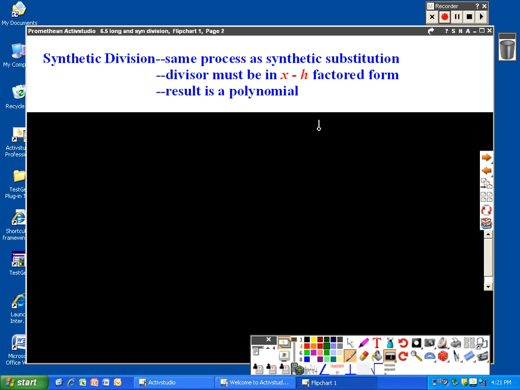The divisor must be in the x minus h form. And then x minus h equals 0. Solve for x, x equals h. H is my root. So you're always going to take your factor and make it your root and put that in the divisor box.